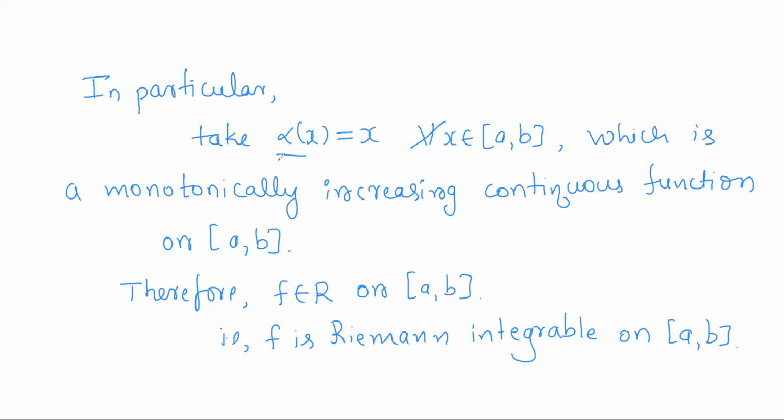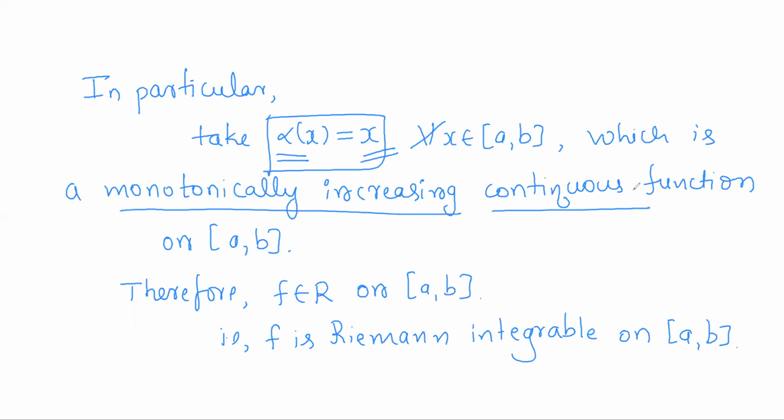In particular, in place of alpha, consider the identity function. So define alpha of x equal to x, which is an identity function. It is monotonically increasing and also continuous. You know that the identity function is a continuous function. So F is given to be a monotonic function, and we have taken alpha to be the identity function, which is a monotonically increasing continuous function. So F will be Riemann-Stieltjes integrable on the closed interval a comma b by the above theorem.